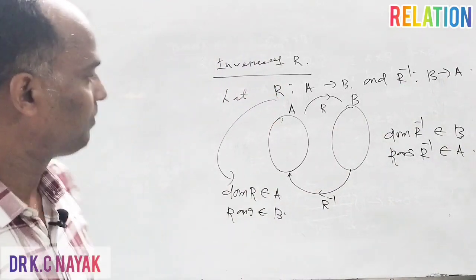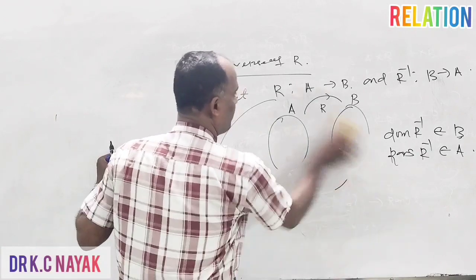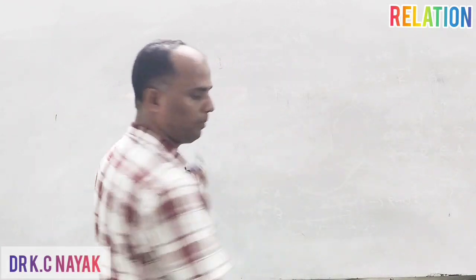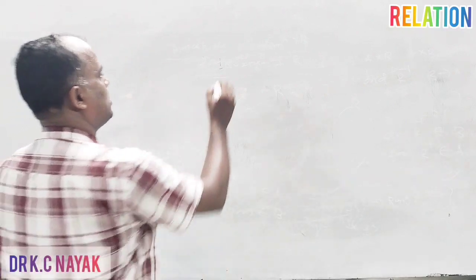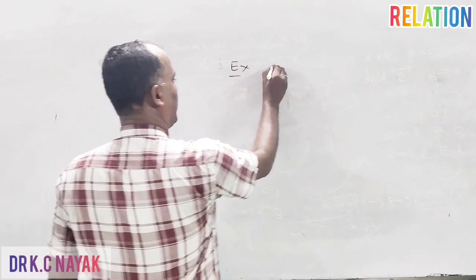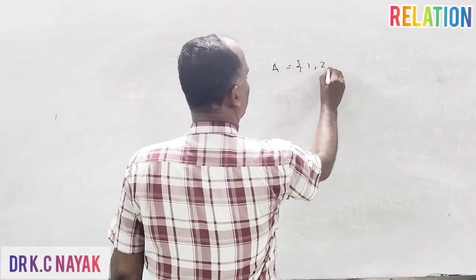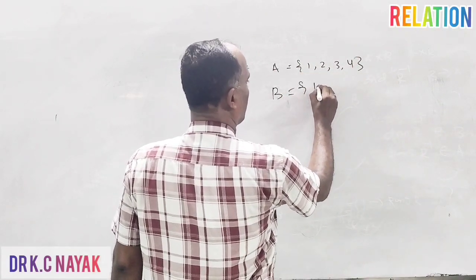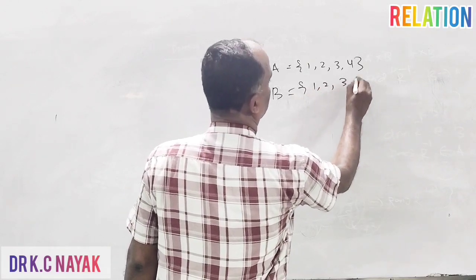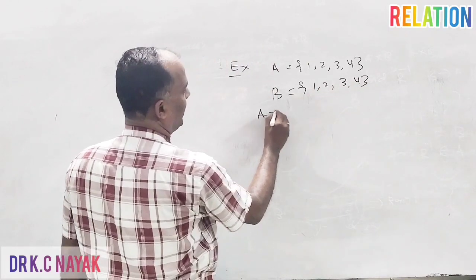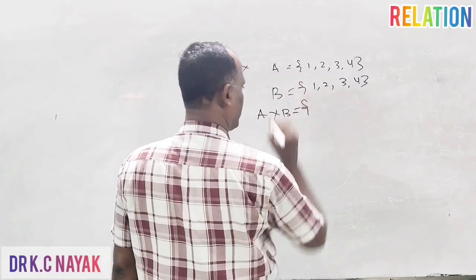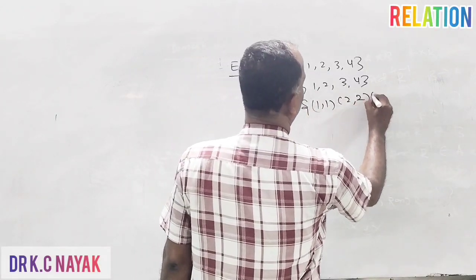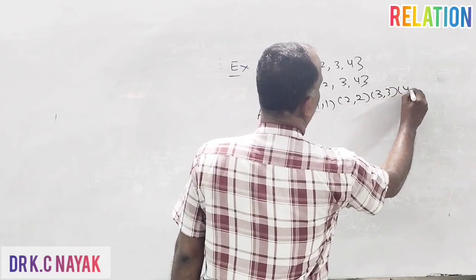Just an example. Suppose A is the set {1, 2, 3, 4} and B is another set {1, 2, 3, 4}. Then A cross B is the set containing (1, 1), (2, 2), (3, 3), (4, 4).